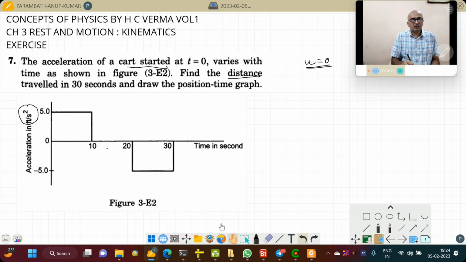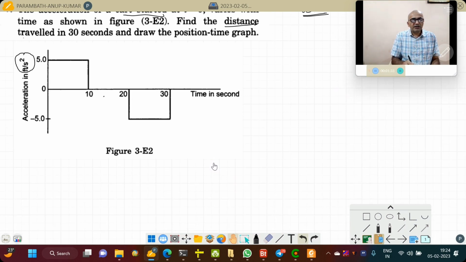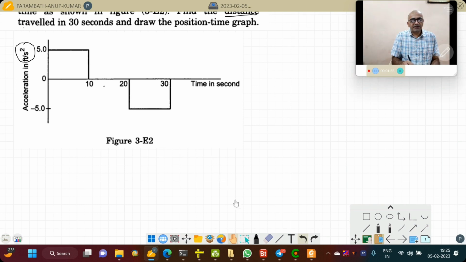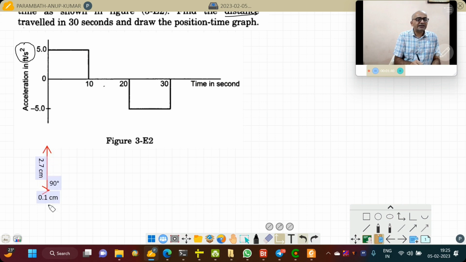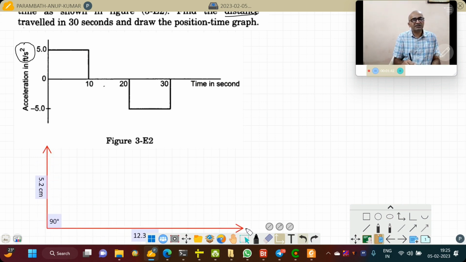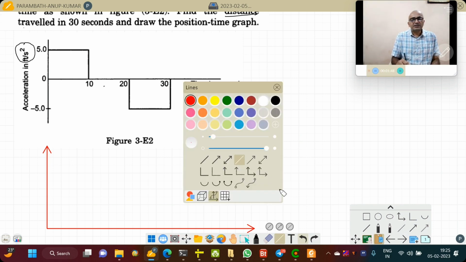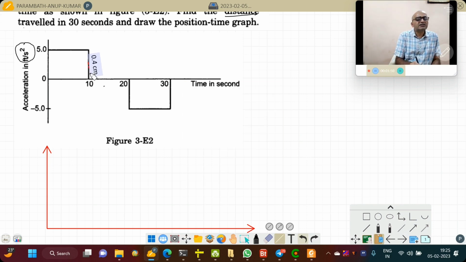First of all, the easy way to make it is that you make a number line, make a graph which is exactly matching in time. For example, students, I will draw vertical lines like this. This is the line corresponding to 10 seconds.